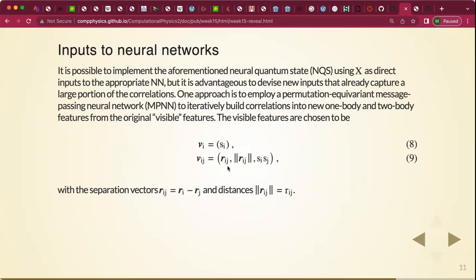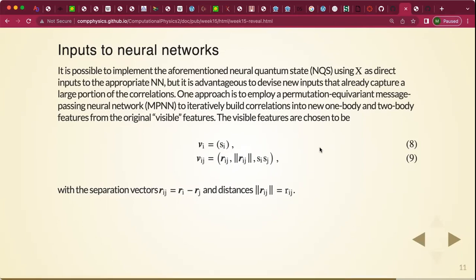So instead of just feeding in the positions of the particles, you could feed in the relative distance, the magnitude of the relative distance, and then you would have, for instance, the spin times spin, because sometimes you have an operator of this type here. And you would also feed in the single spin values. So these are some of the parameters you would feed into the network together with a beginning trial wave function. And this is just to seed and start the network.